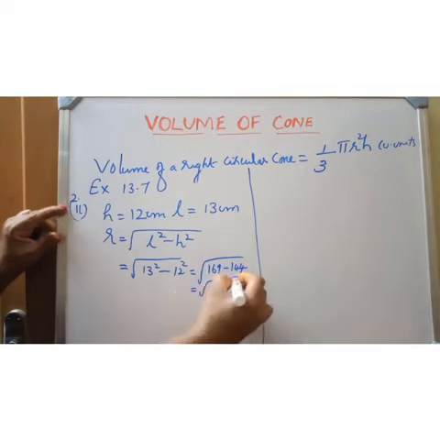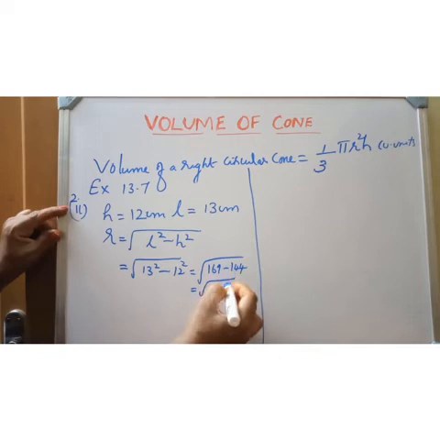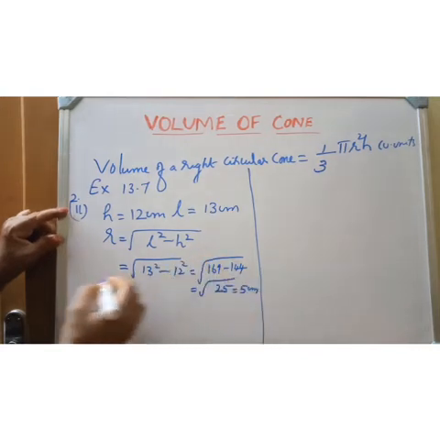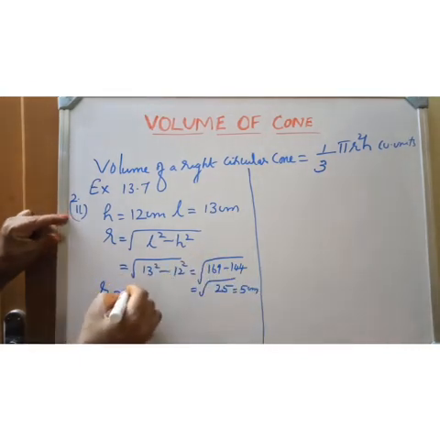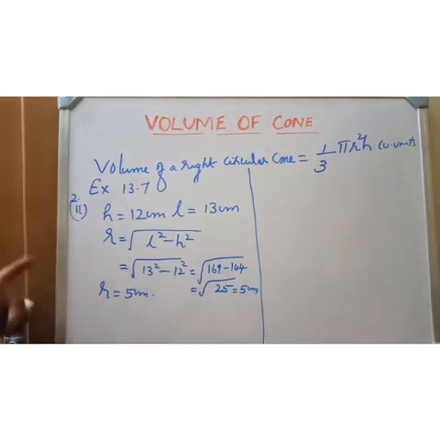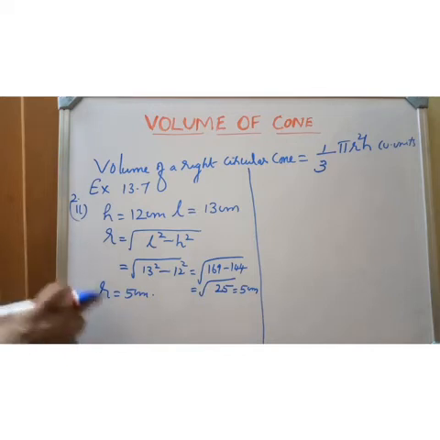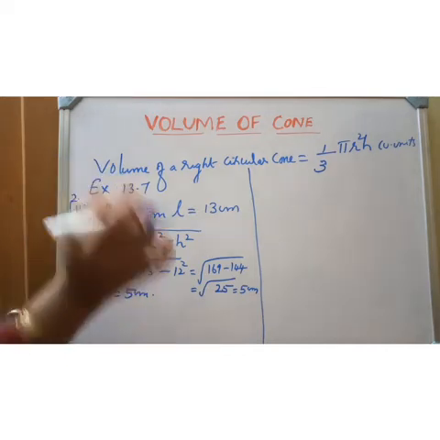That is root of, what will come? 9 minus 4, 5, 25. Root of 25 as what? 5 centimeter. So we got the value of radius equal to 5 centimeter. So first we must find out the radius, then we must apply the volume formula and substitute it. But volume they didn't ask you to find out in centimeter cube. They ask you to find out in liters. So conversion I will tell you after doing the calculation.